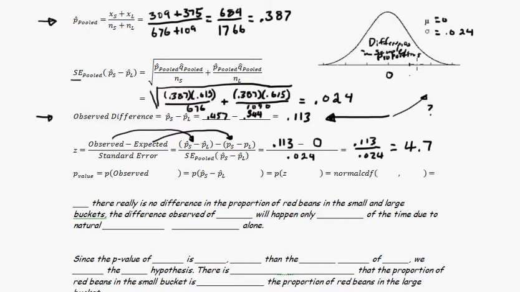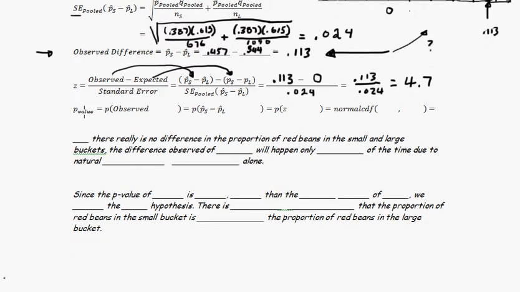So let's see, 1, 2, 3, 4, 5. So it looks like it's right at 4.7. So we want to know what the probability is, what the area is from here out to infinity under the curve. To put it all together so that you understand it, we want to know the probability that the observed value is greater than 0.113.